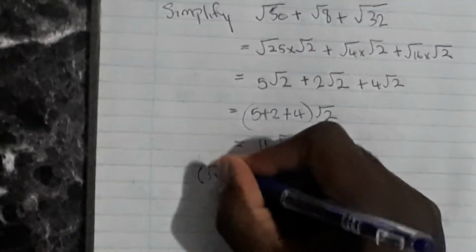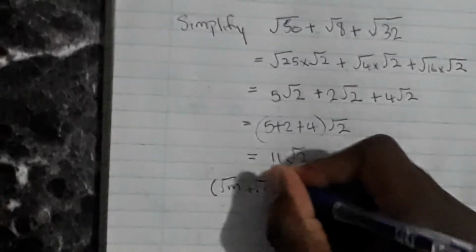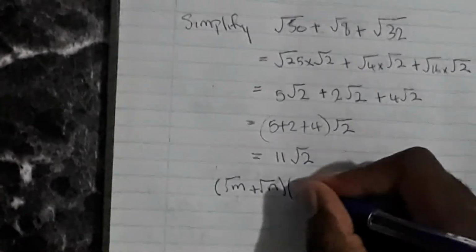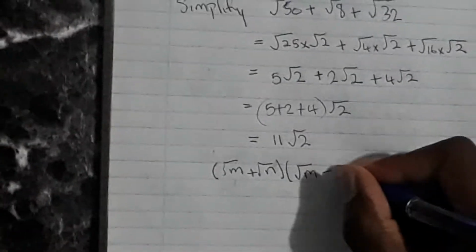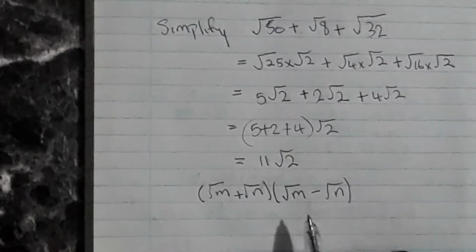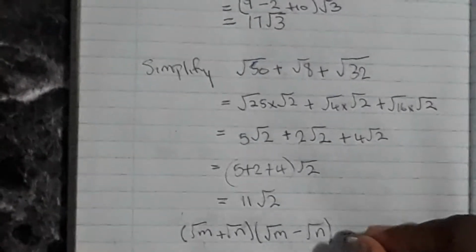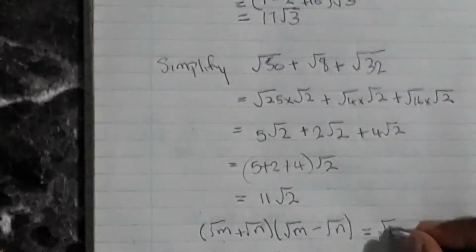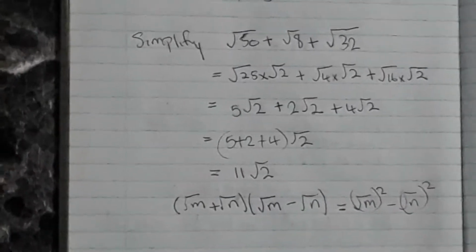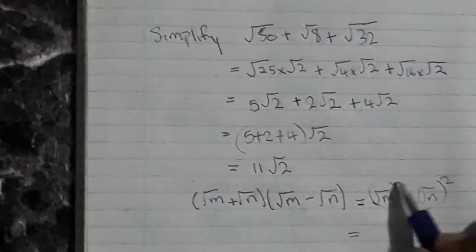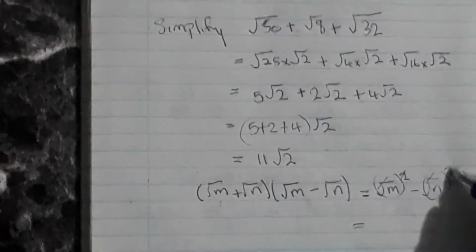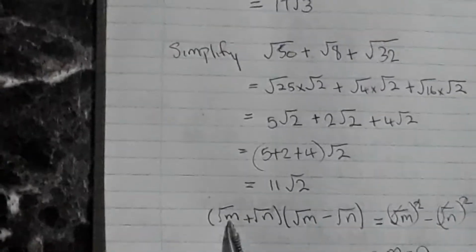The rule says that if you have root m plus root n times root m minus root n, this would be written down to root m square minus root n square, and the square root and the square would cancel each other, so it will write down to give you m minus n, m and n.